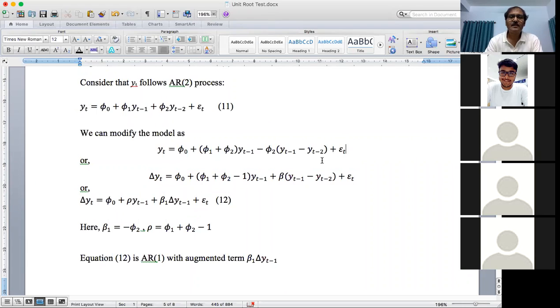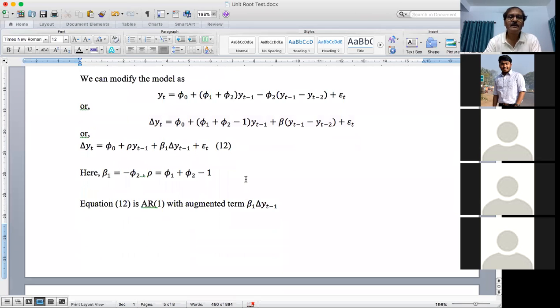Yes, sir. Okay. Sir, how did the beta come in delta Yt? Which one, beta? We took minus phi 2 is equal to beta. Minus phi 2 we took as beta, and we denote phi 1 plus phi 2 minus 1 is equal to rho. So after denoting phi 1 plus phi 2 minus 1 is equal to rho and minus phi 2 equal to beta, we have... Sir, shouldn't it be beta 1 in equation 12? Sorry, yes, change this to beta 1, this is a typo.